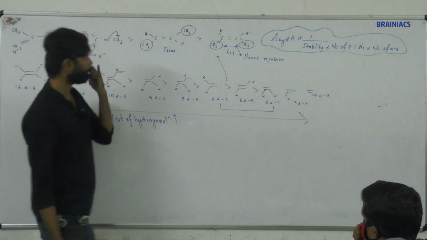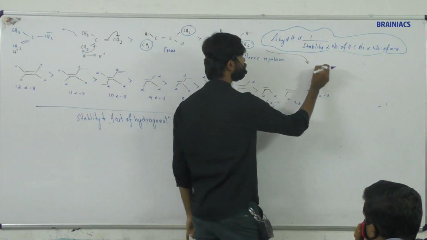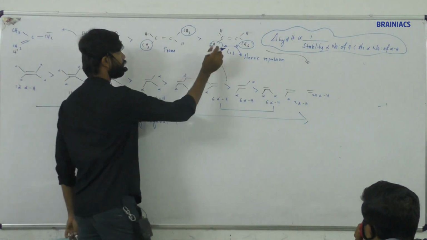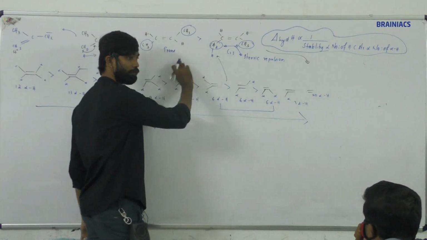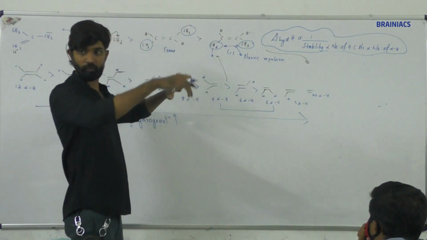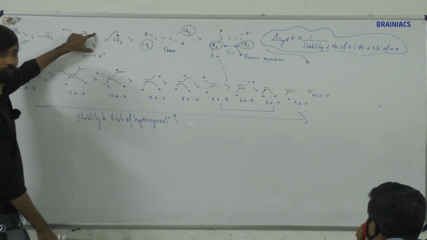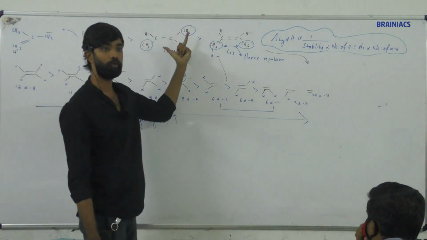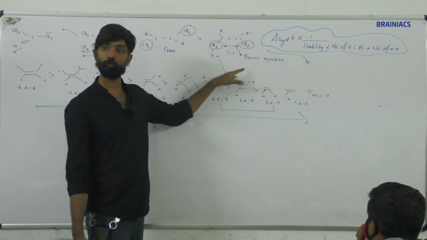What about the second one? These two have the same kind of hyperconjugation, only the stereo arrangement is different. Okay, but here the structural arrangement is entirely different. Two CH3s are on the same carbon, but here the two CH3s are on opposing carbons. Okay, so the hyperconjugation of this one is equivalent to this one.